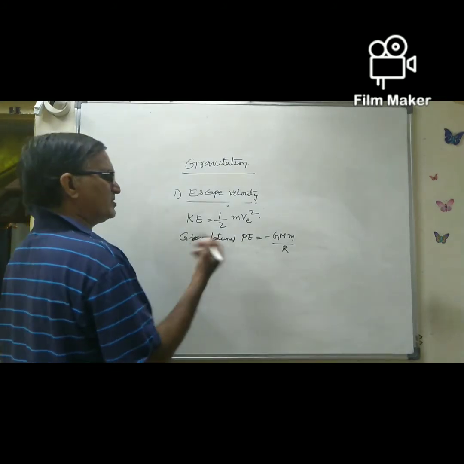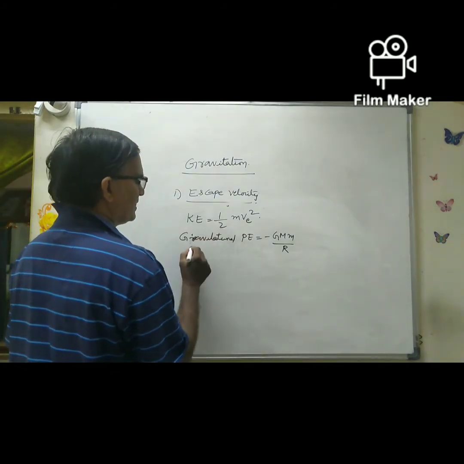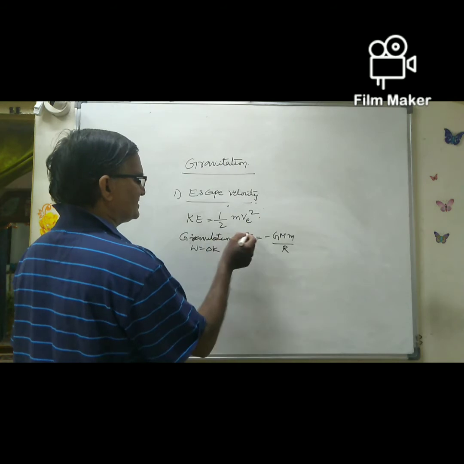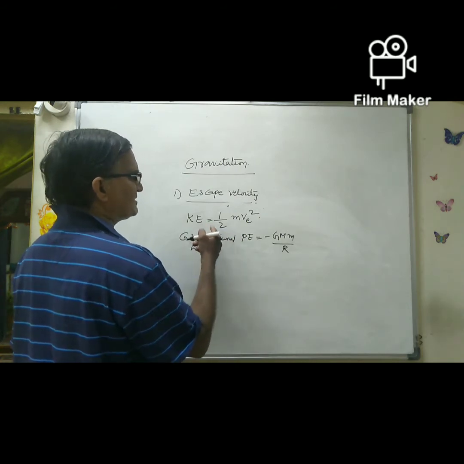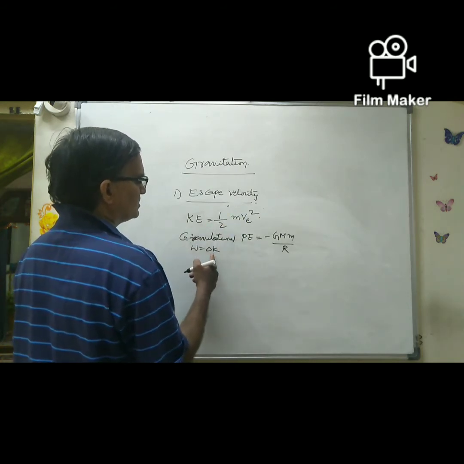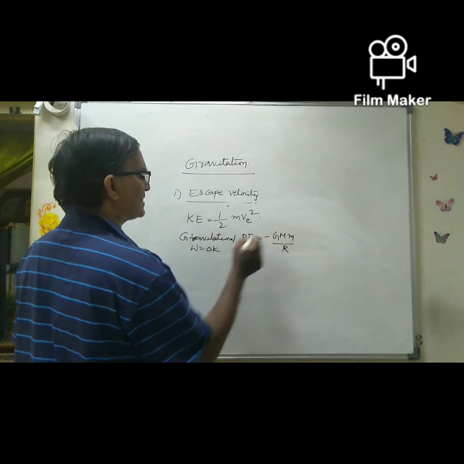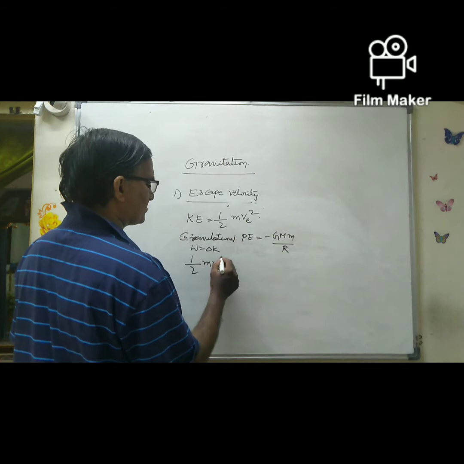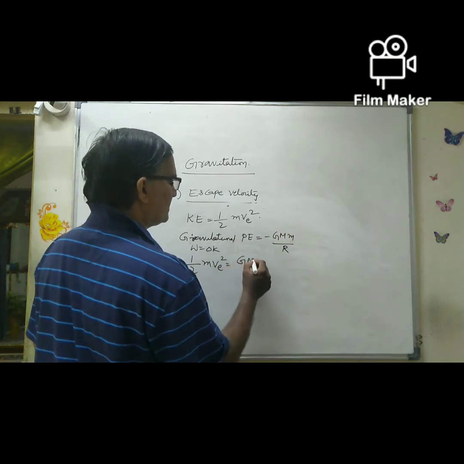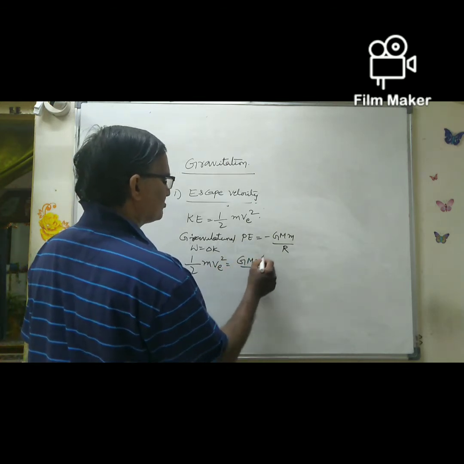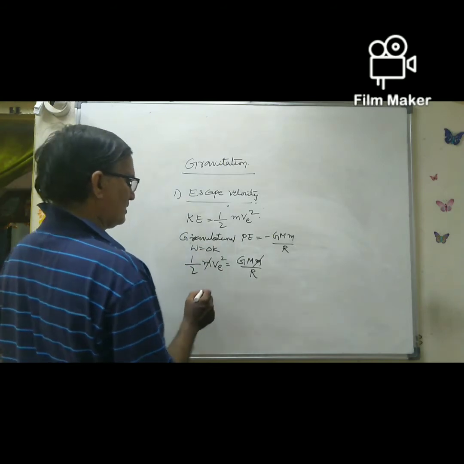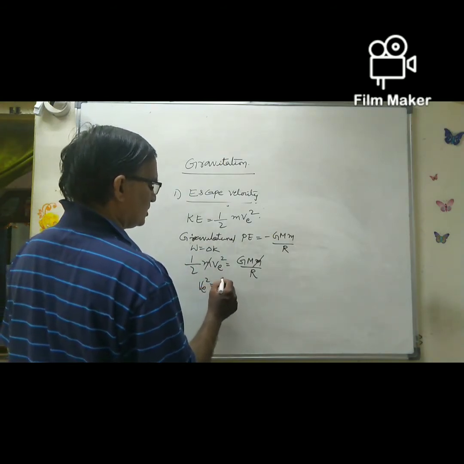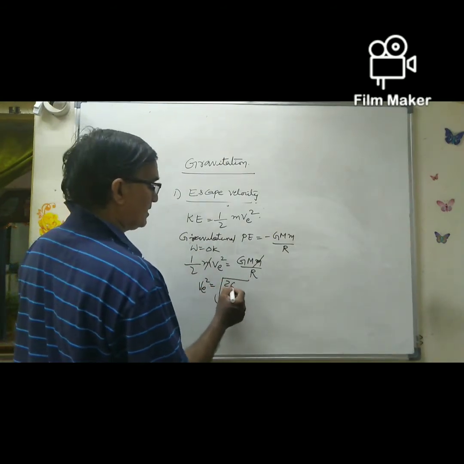From the work-energy theorem, W is equal to delta K, so the work done is this much only. Delta K: initial velocity 0, final velocity v. If you equate these two, neglecting the negative sign, half mv square is equal to GMm by r. Now cancel out m. v square is equal to 2GM by r, so v is the square root of 2GM by r.